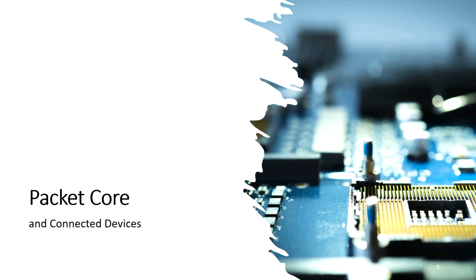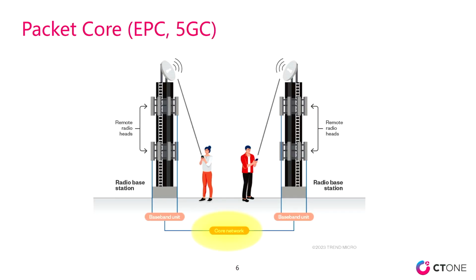So that leads us to the first section of the security sharing, which is about packet core. From that diagram, this is the place that we are going to focus on.